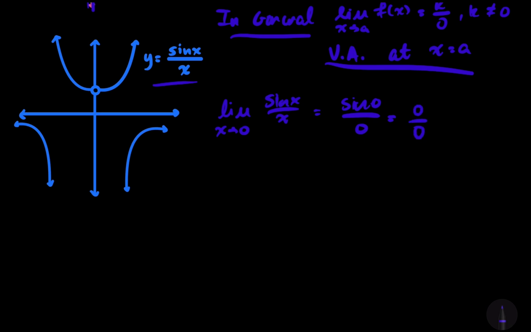So we have 0 divided by 0, which is what we call an indeterminate form. We're going to learn later on how, under certain conditions, we can figure out a way to potentially determine a limit when we're given this indeterminate form of 0 over 0. But as of right now, we can say that there's going to be a point discontinuity, or a removable discontinuity.